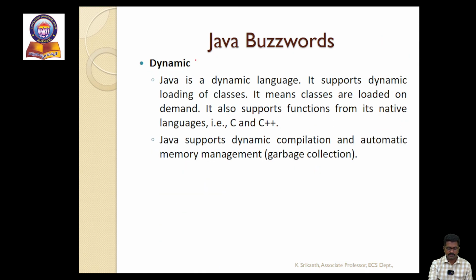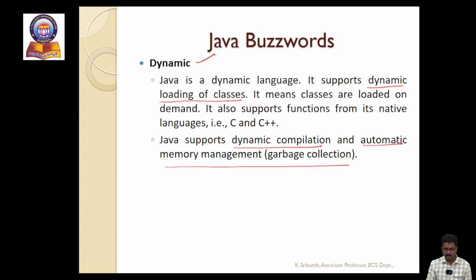And the last feature is that Java is dynamic in nature, because of the concept called class loader. It dynamically loads the classes that are required to run your application. And we have dynamic compilation and automatic garbage collection, that is memory management.